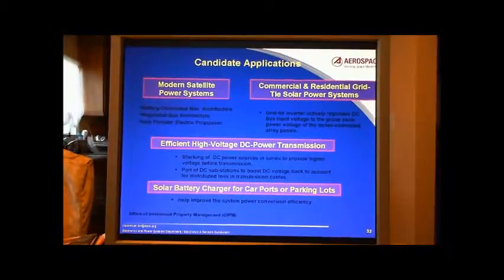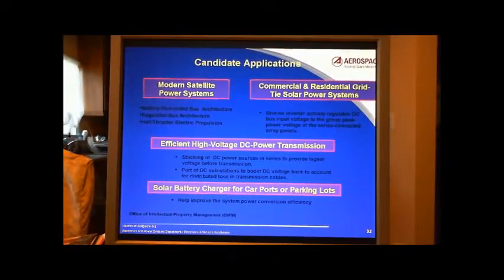To fully appreciate the series connected power architecture applicable to series connected power sources, it is appropriate to point out potential candidate applications of these two power architectures with respect to series connected power sources. In one area, modern satellite power systems, the battery dominated bus architecture or regulated bus architecture are both applicable.